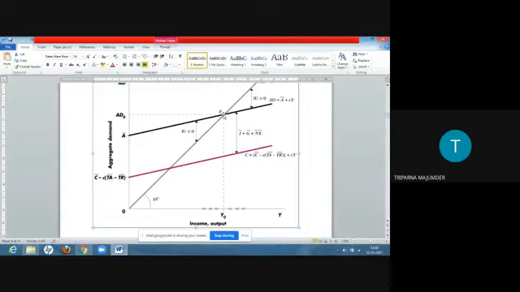Because at this level, income and output are equal to aggregate demand. For instance, if we assume that aggregate income is lower than this equilibrium income Y0, what will happen? We have the aggregate demand as this much.